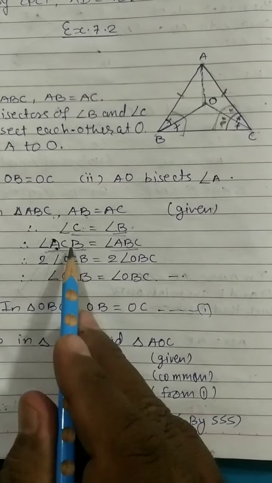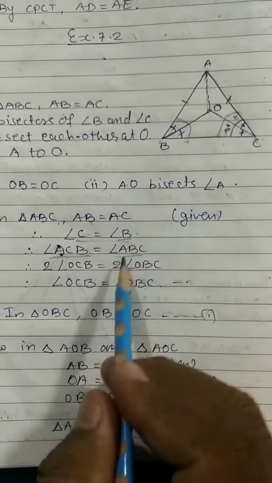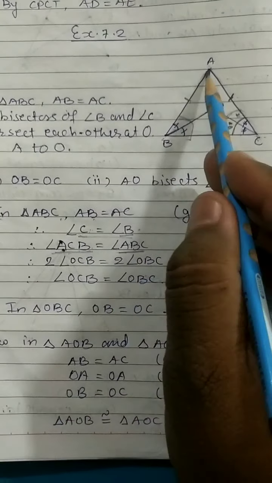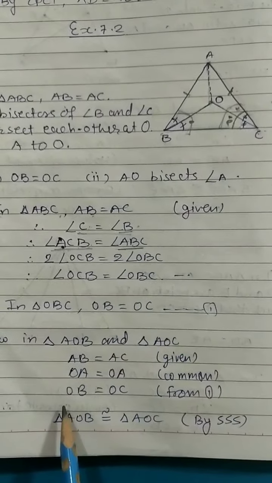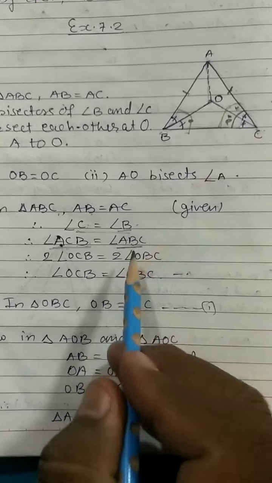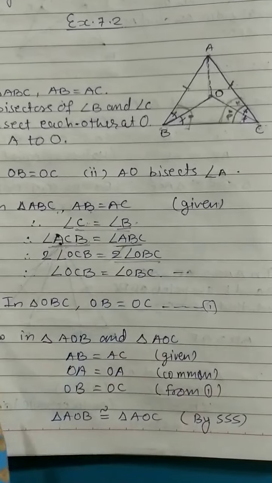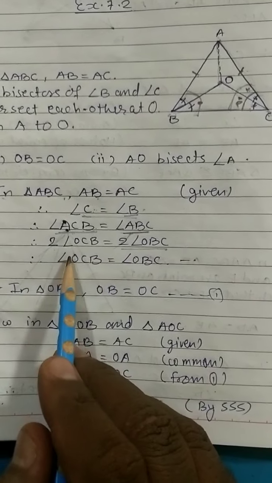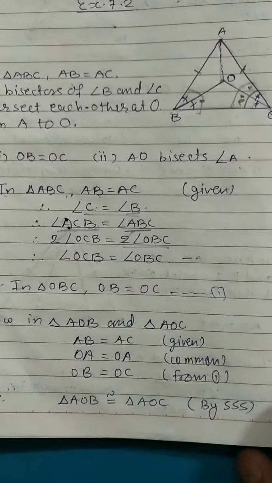So I am taking angle ACB is equal to 2 times angle OCB, and similarly angle ABC, that is this angle ABC, is exactly double of this angle, that is OBC. So I have taken 2 times angle OBC. 2 and 2 get cancelled from both the sides, so we can say angle OCB is equal to angle OBC, right?